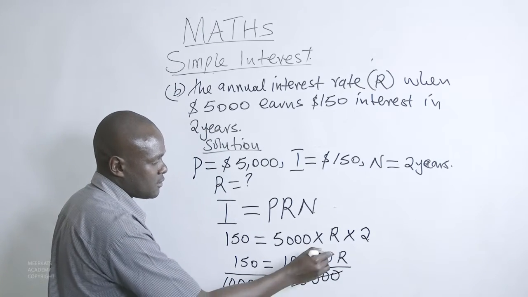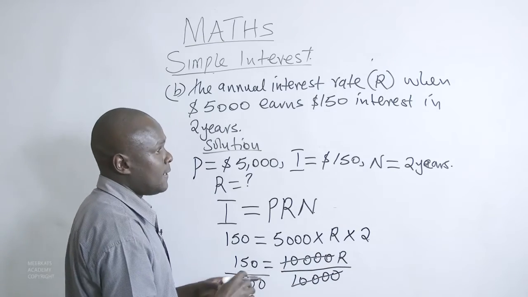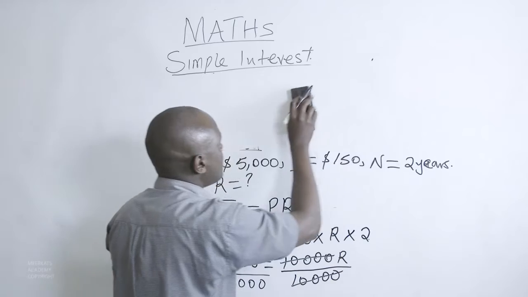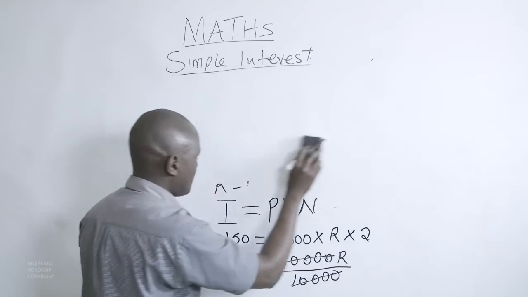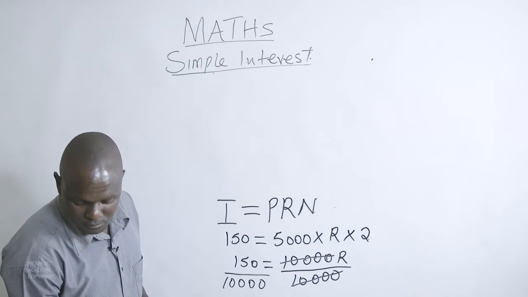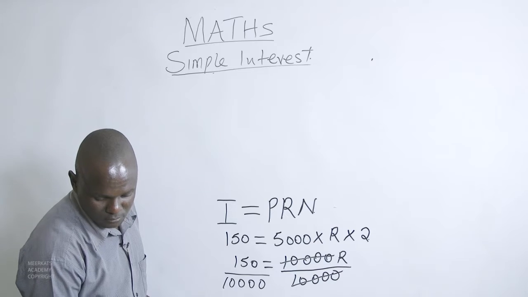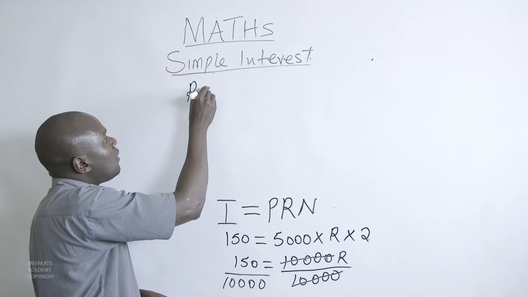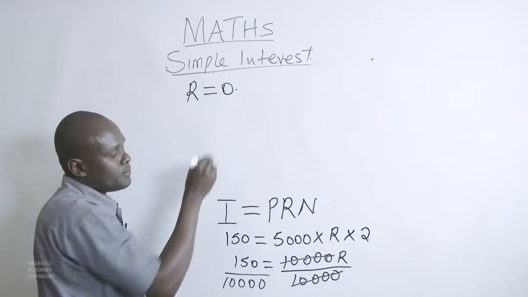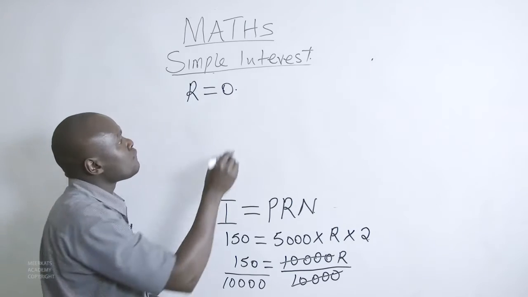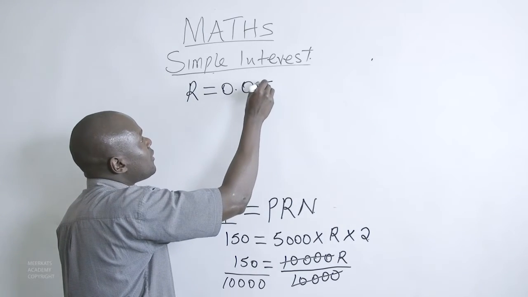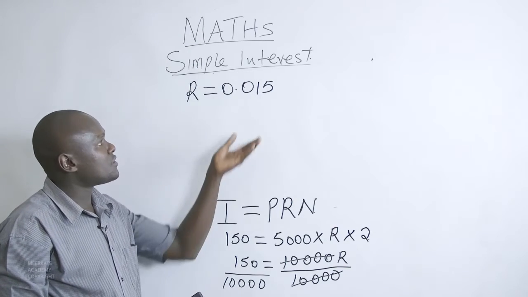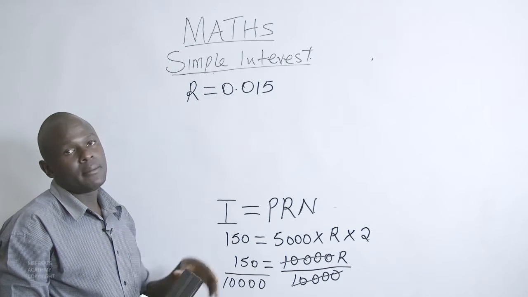So that this 10,000 will cancel with that, and our rate will be equal to 0.015, which is a decimal number.